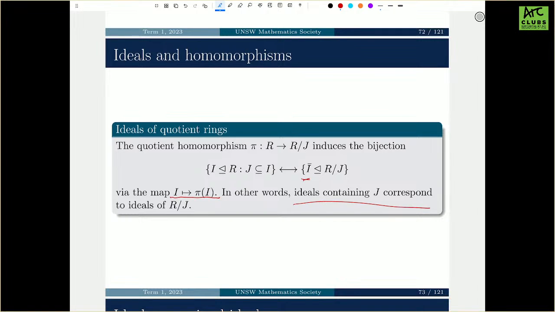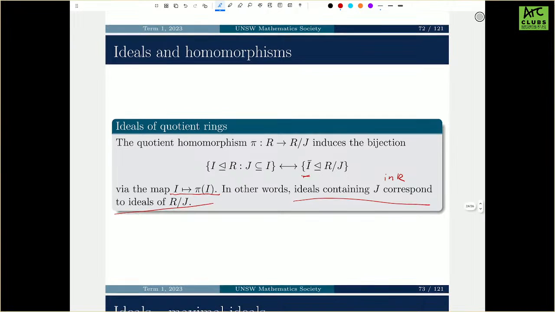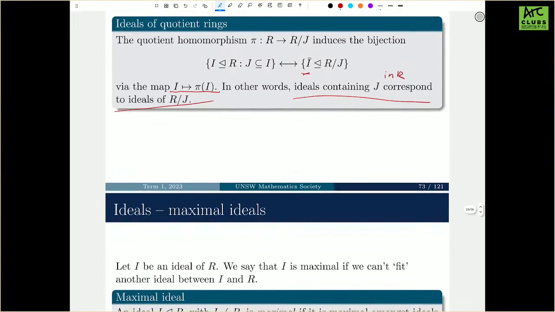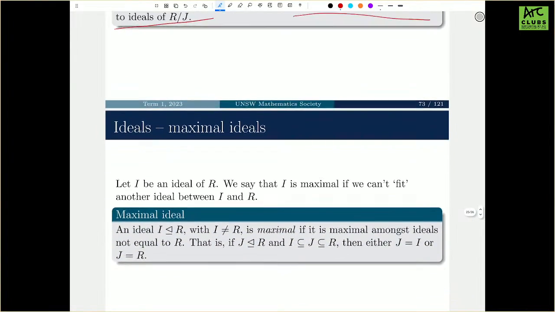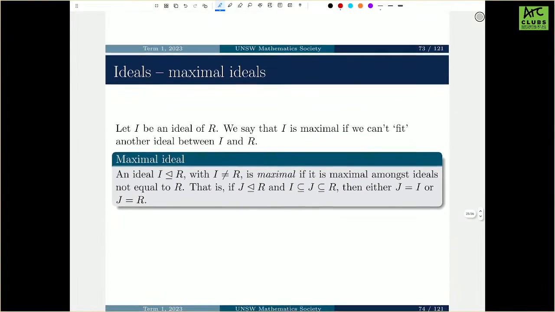So ideals containing J correspond to ideals in R/J. I'll just add that there. So they'll be the same number if there's a finite number, for example.